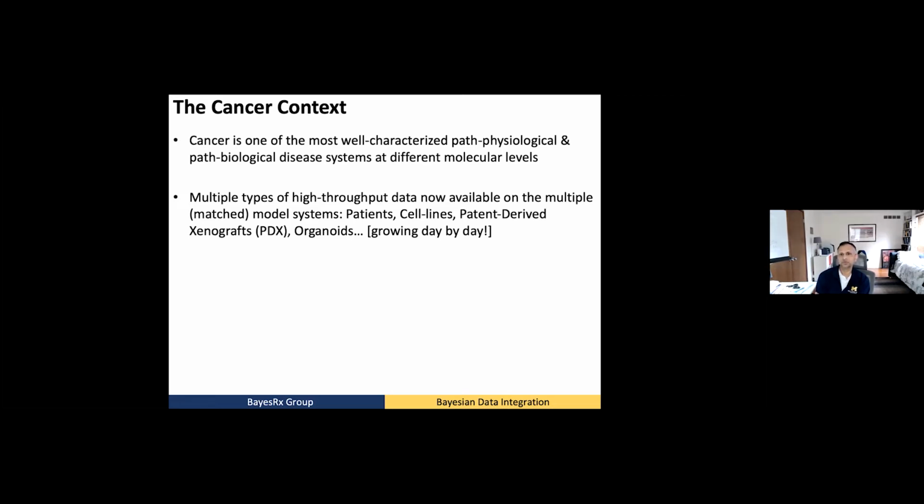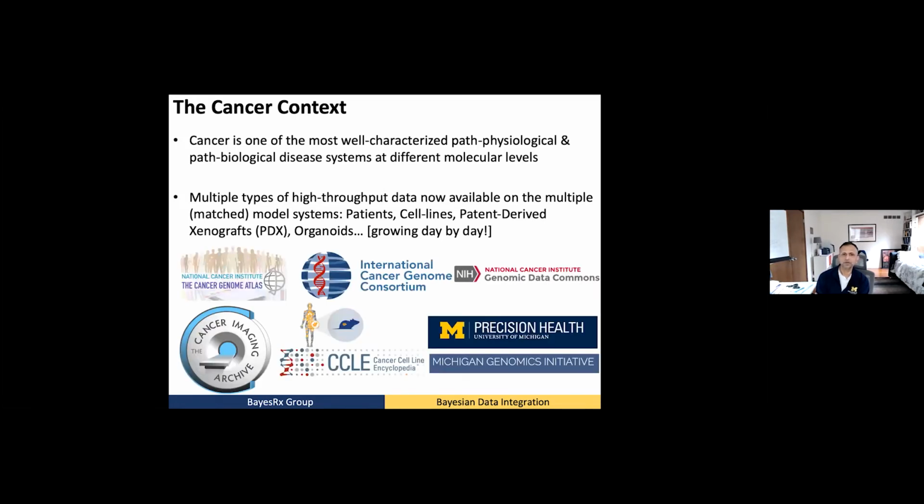These high-throughput data are now available not only on tumor samples, but also other kinds of model systems that include patients, cell lines, patient-derived xenografts, organoids, and that's growing day by day.